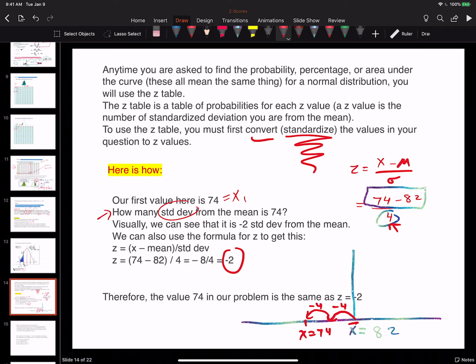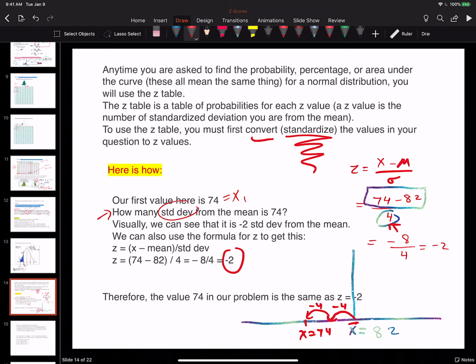So going back to the steps, we have 74 minus 82, which is -8. How many 4s in -8? It's -2. Hopefully that helps understand the idea of this formula. When you divide, you're saying how many. For example, if I say how many 5s into 30, divide 30 by 5, you get 6.